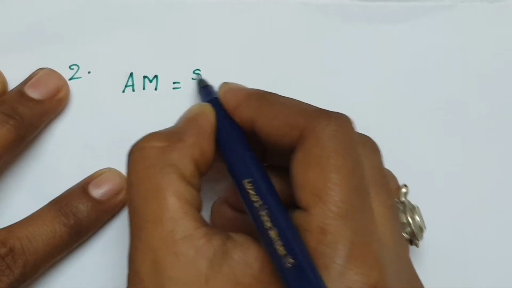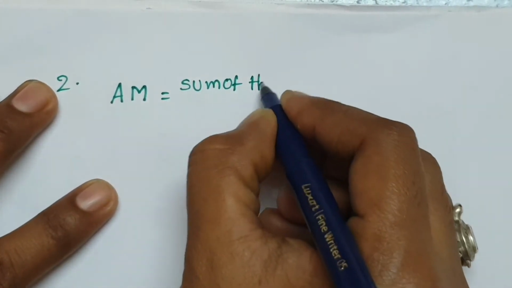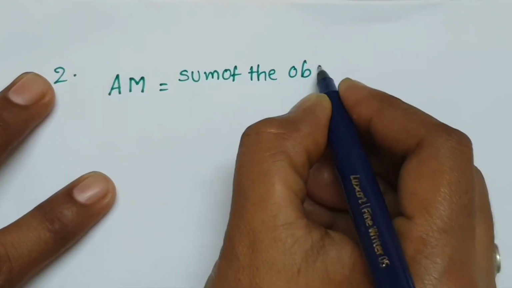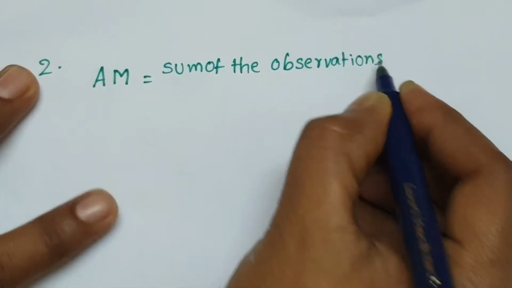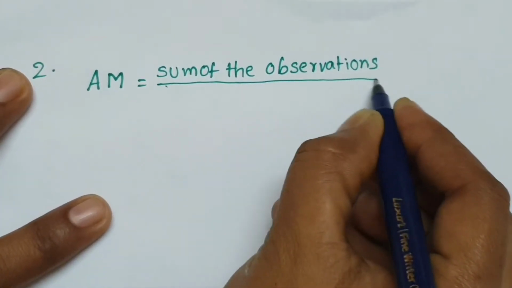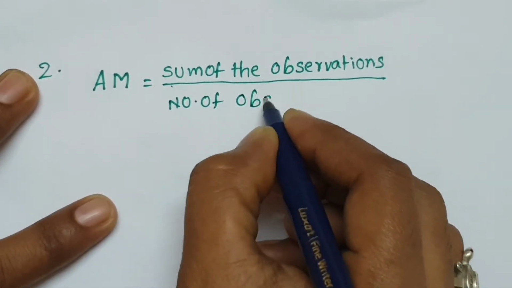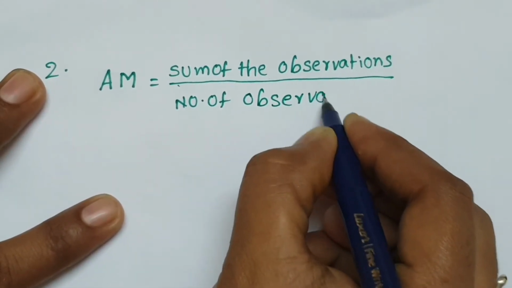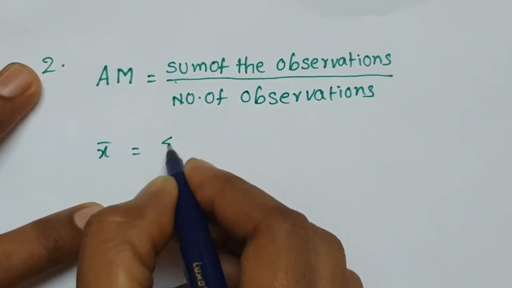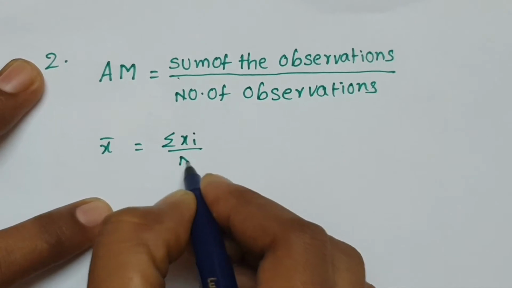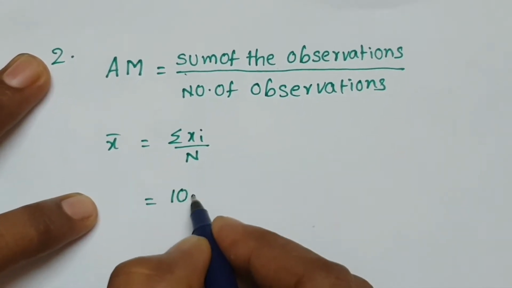AM equal to sum of observations by number of observations. Number of observations means x bar equal to sigma xi by n.